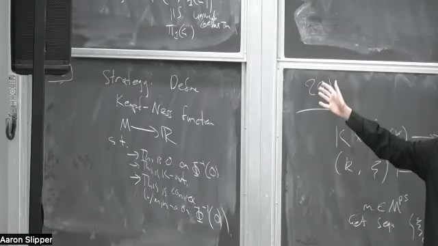Then for each topological bundle, we're going to have this infinite dimensional quotient describing that part of the moduli space.